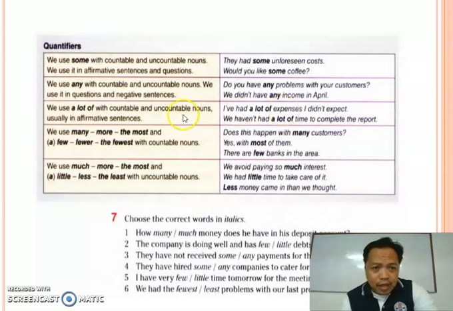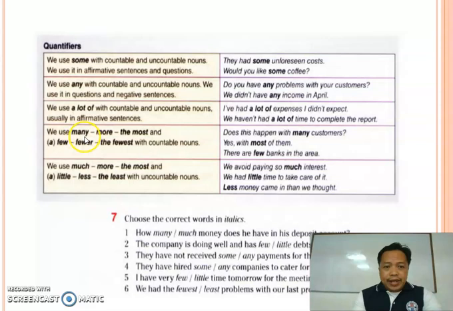Now, we use many, more, the most, few, or a few, fewer, the fewest, with countable nouns. Again, these are countable nouns only. You cannot use these quantifiers with uncountable nouns. So examples in questions.